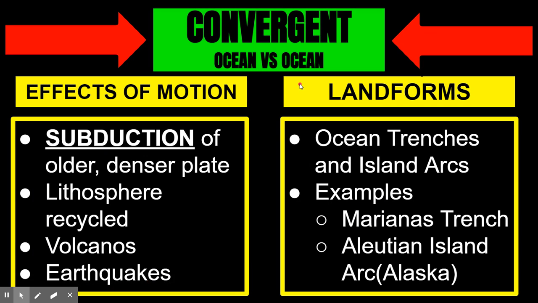All right. So what are the effects of the motion? Of course, subduction occurs. One plate is always going to go underneath, and when the plates are both oceanic, it's usually the older, more dense plate that is subducted, whereas the younger, less dense plate tends to ride over the top.